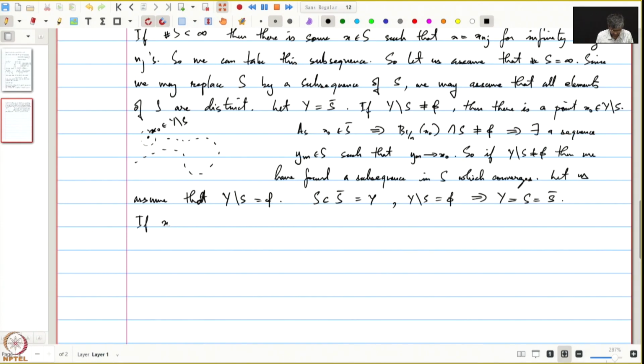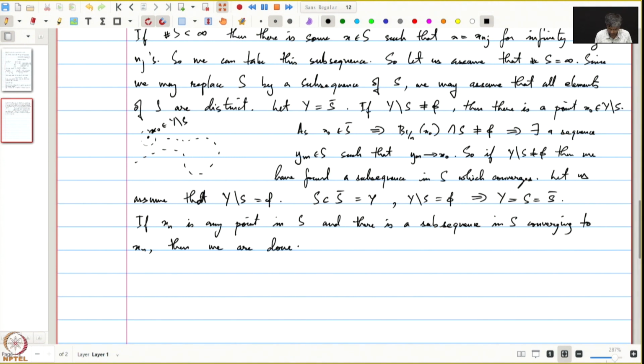If xn is any point in S and there is a subsequence in S converging to xn, then we are done, right? So for instance, we can take a sequence like this, and this sequence may converge to this point xn over here. Yeah. So let's assume that.